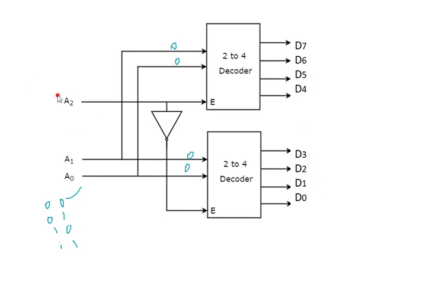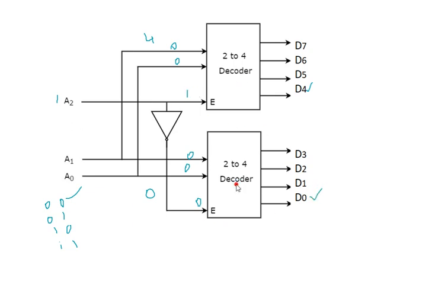Now come here. A2 is 1, so I am placing 1 here, and I am placing 0 here because here it is not yet. So 1 0 0 0 0 0, because the total input here is 0. Here the input is 1 0 0, which means 4. So it results 4, it results 0.